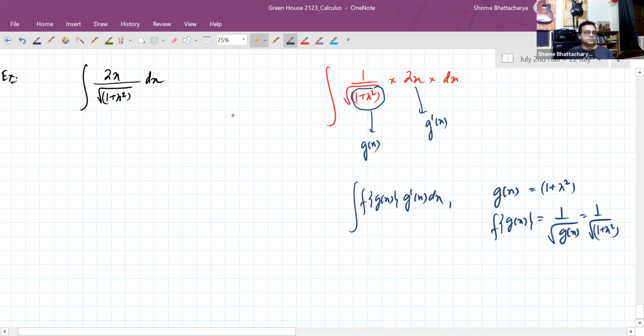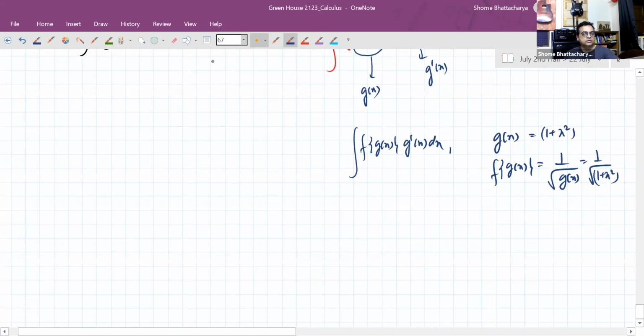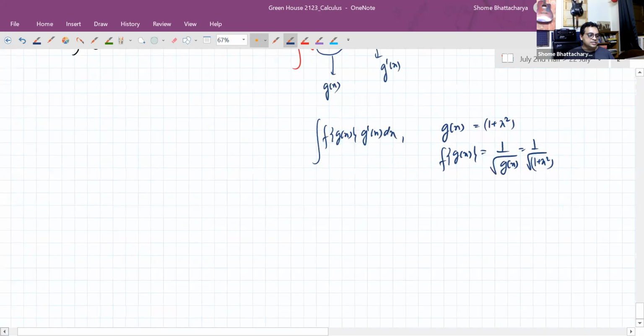So that means we can apply this method. What is the substitution we will use to do this question? We will substitute g(x) as z.